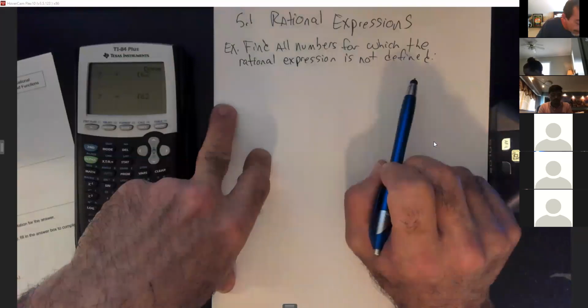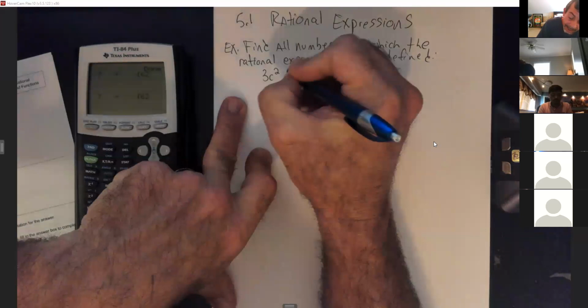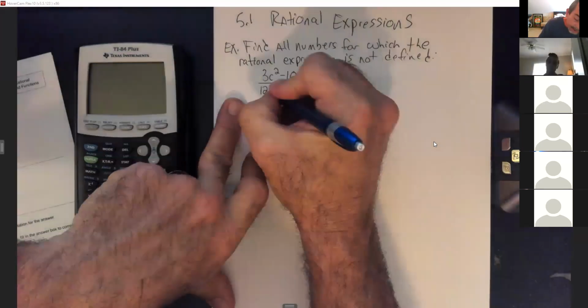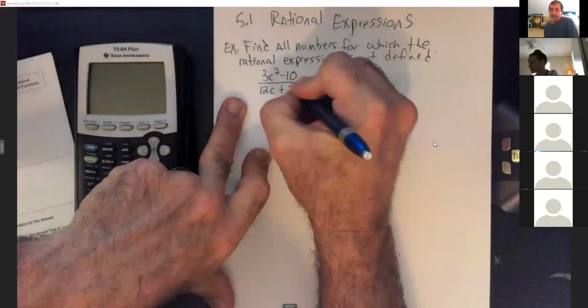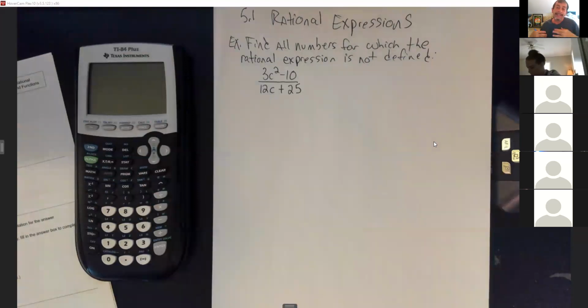So let's see, we got 3c squared minus 10 over 12c plus 25. Really, this is the process we did to find domains earlier in the year.